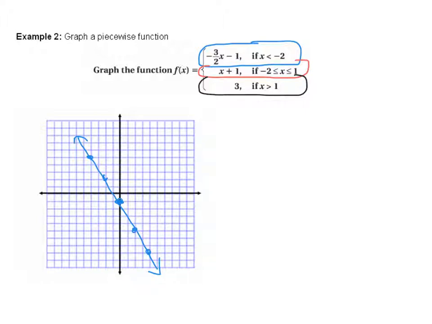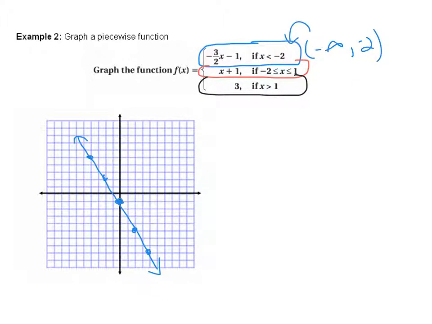Remember that 3 days we spent on domain? All this is, after this if statement, is a domain. What we're saying is I only need this line for x values that are less than -2. So from -infinity to -2 is the domain of that piece right there.